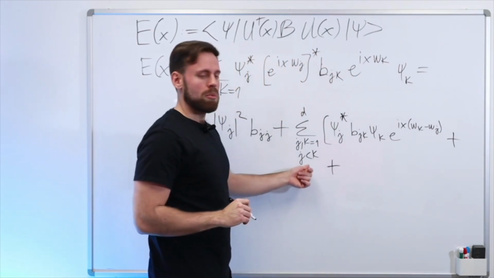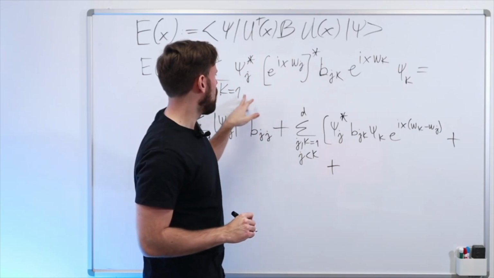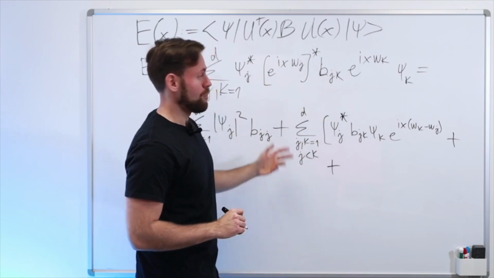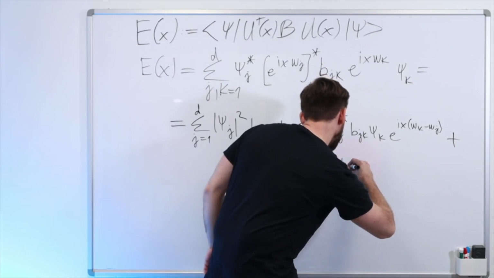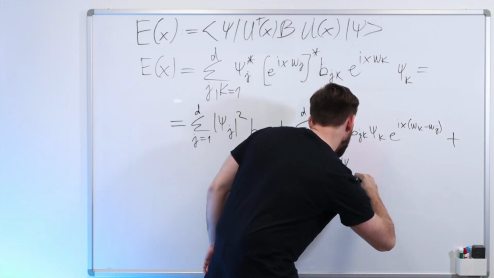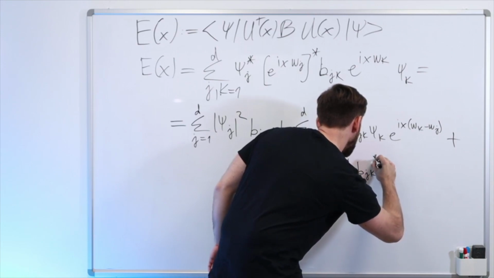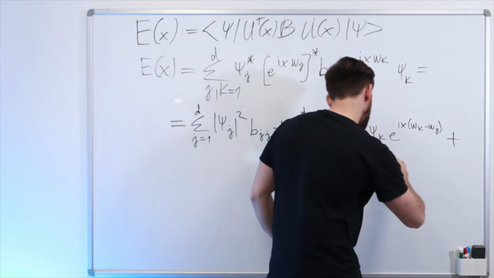And in order to write up the j bigger than k terms, we can just swap the role of j and k in the original expression and reorder the terms in the product slightly. What we will have is going to be psi j, b j k conjugate. We can write this because of hermiticity.